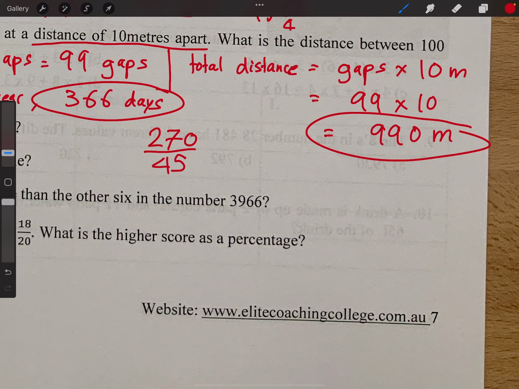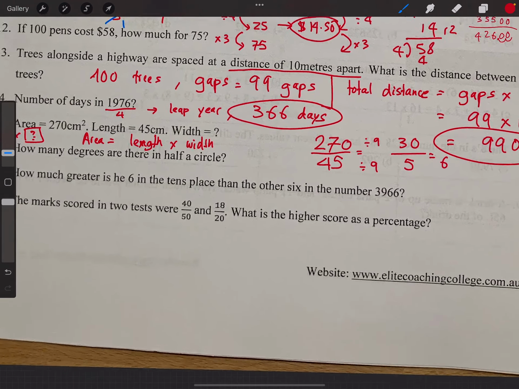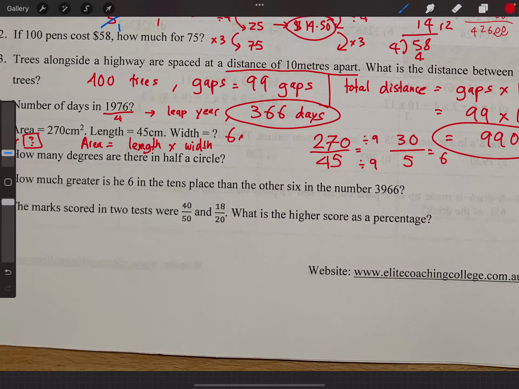I'm going to divide both sides by 9. Let's divide top and bottom by 9. So you're going to get 5 and you're going to get 30. 30 divided by 5 is 6. So the width has to be 6 centimeters.